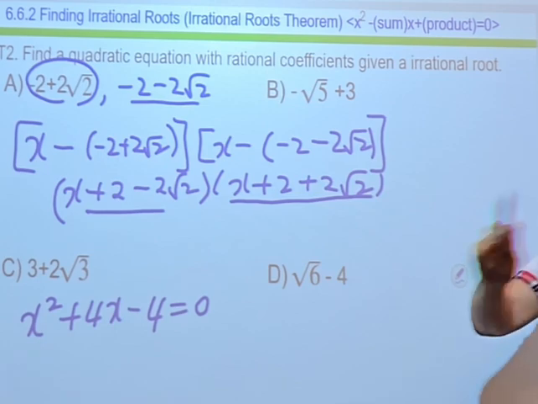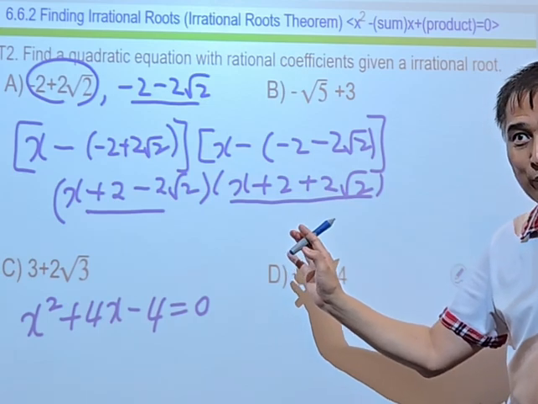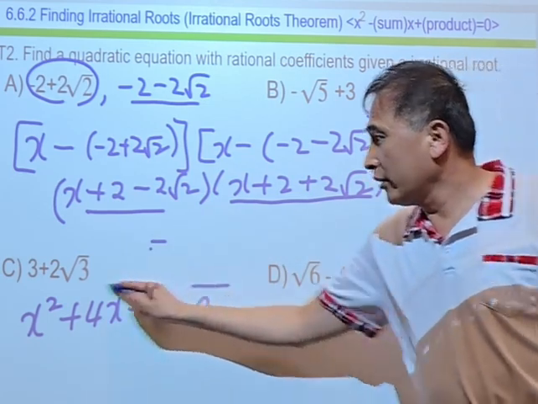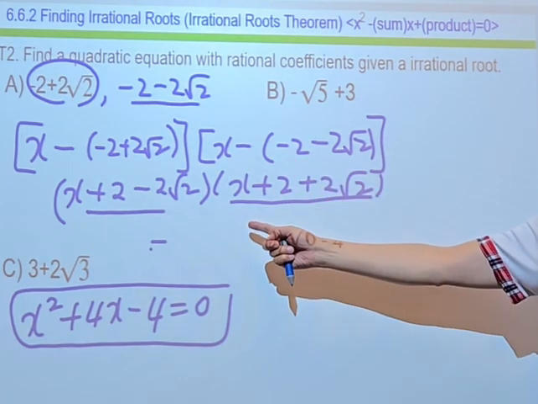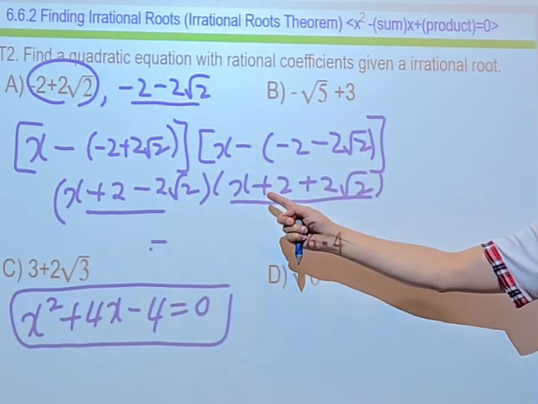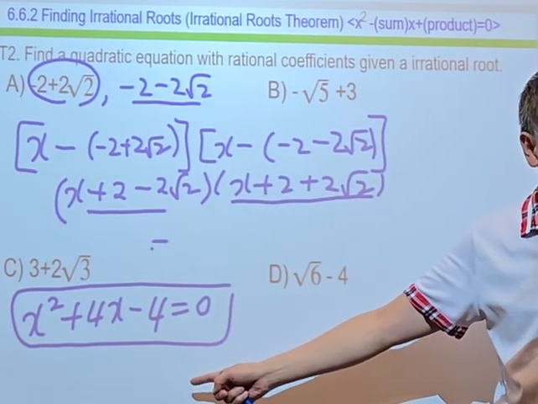Then you simplify after FOILing, and you will get this. Do you see what I'm doing right now? If we do it that way, you will go crazy, and there is a lot of chance to make a mistake. It's simple this way. Everybody got it?